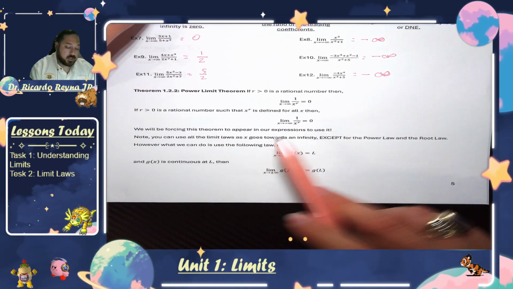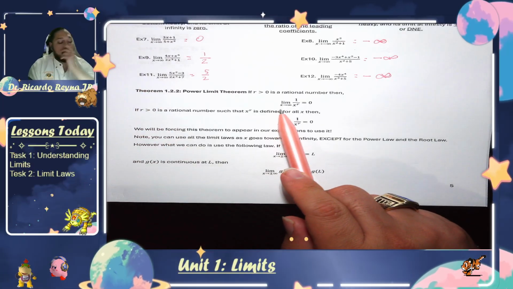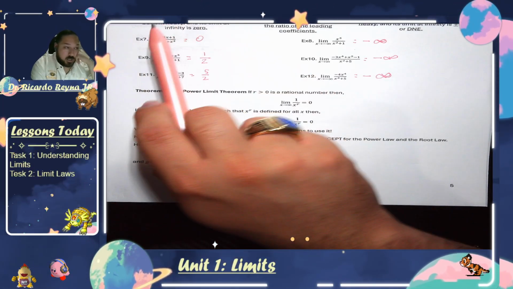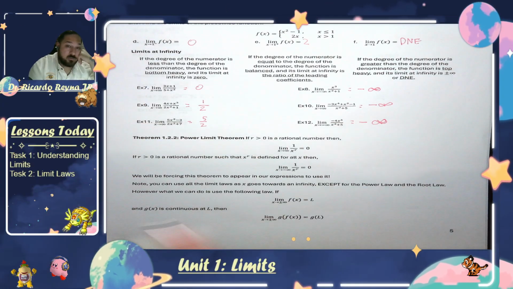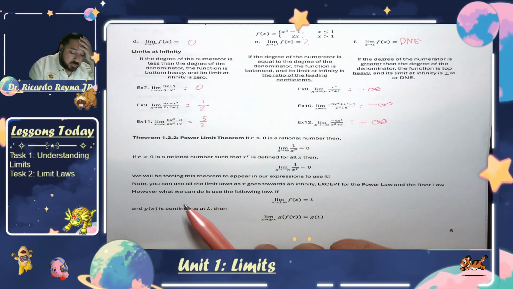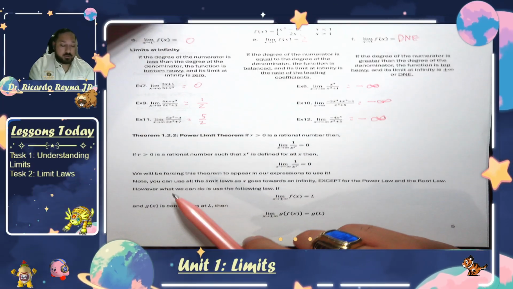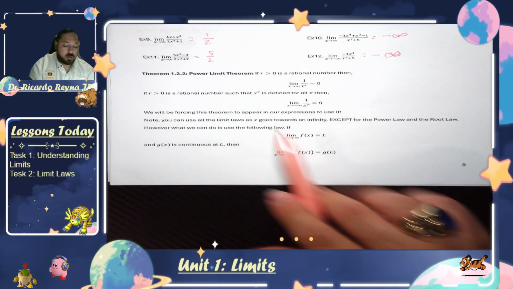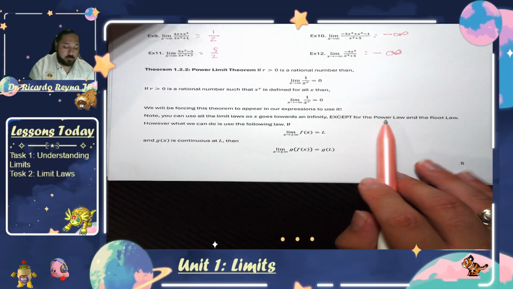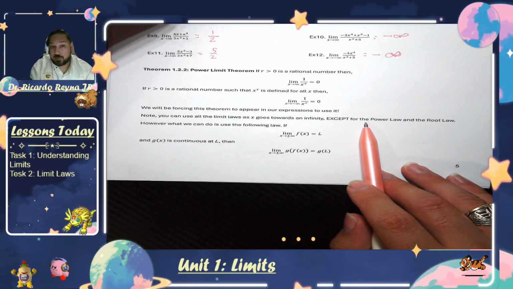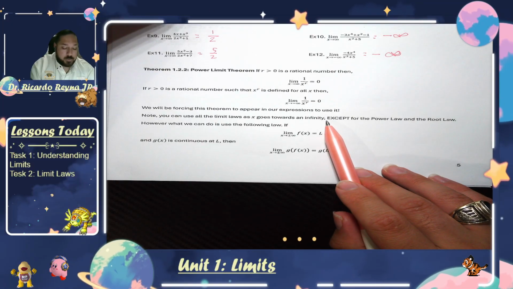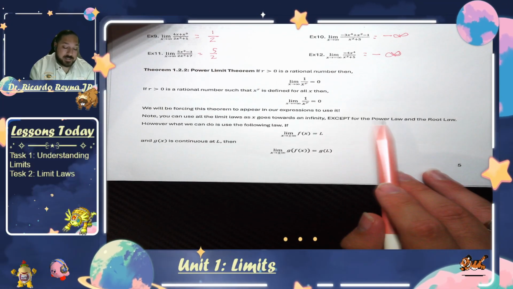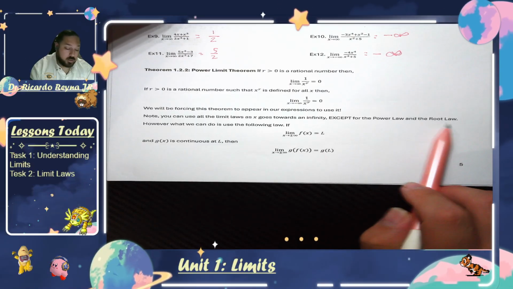Now, keep in mind that we've upped the difficulty from here to here to be limits at infinity. So that doesn't mean that we can use all limit laws. We can use all the limit laws except for the power law and the root law.